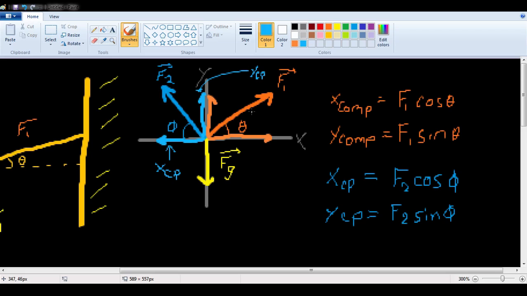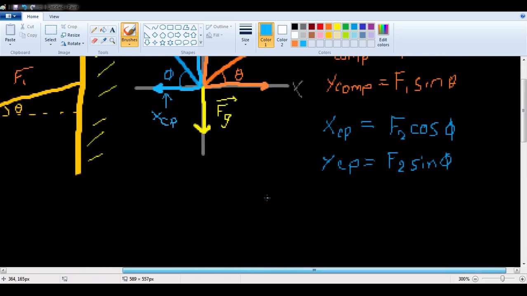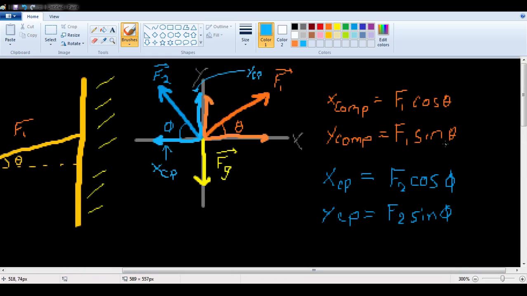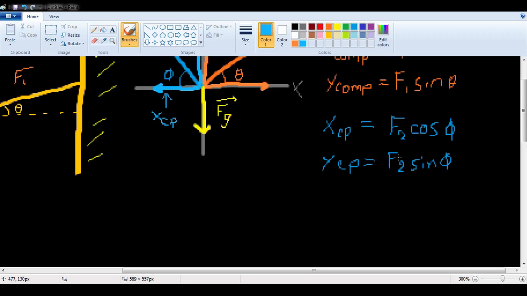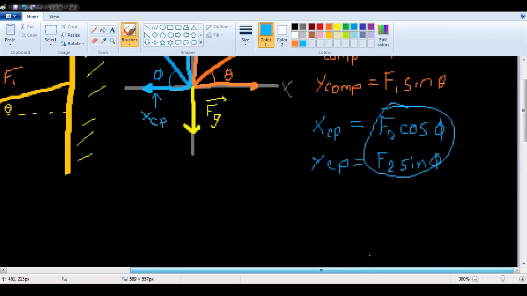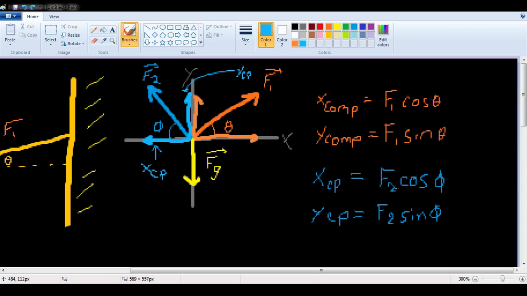So now that we've done this, we have all of these vectors in terms of their components along the x and y axis. Now, as you notice, these values right here are both positive, even though your x value is pointing in the negative x direction. That's okay because, like I said, these are not vectors. These are just scalar quantities.